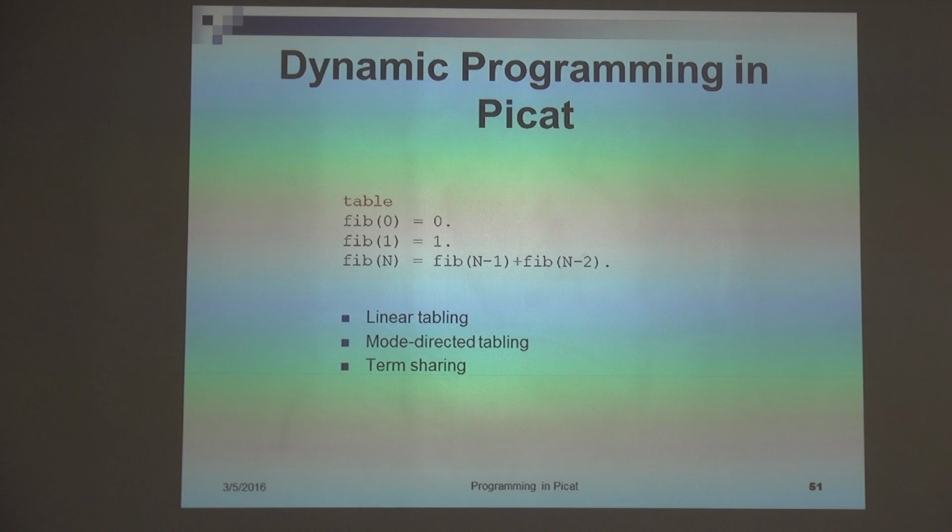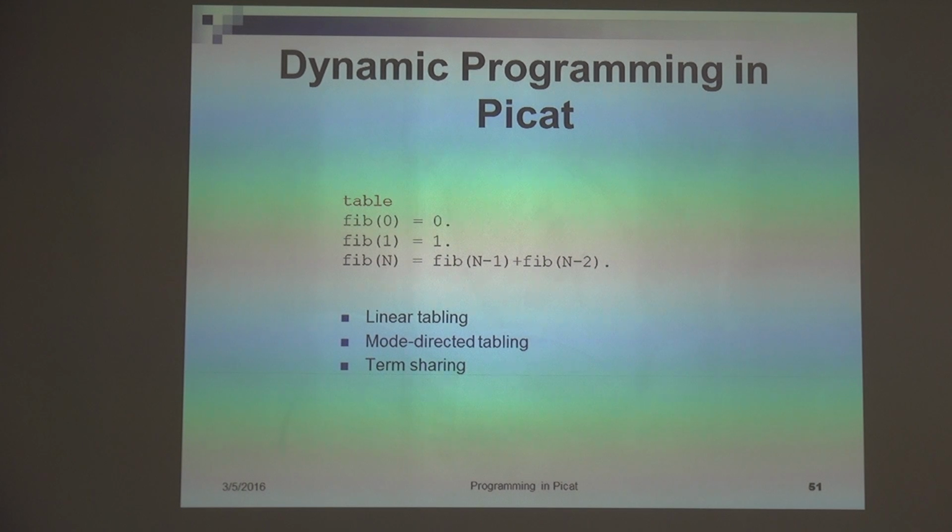A very good example is this Fibonacci function, which generates Fibonacci numbers. As you know, it's a beautiful definition using recursion. But unfortunately, if you run it as it is, it takes exponential time. So in Picat, we just say table.